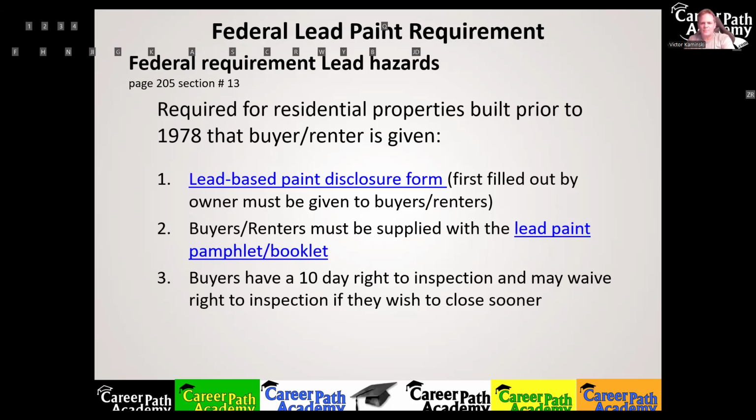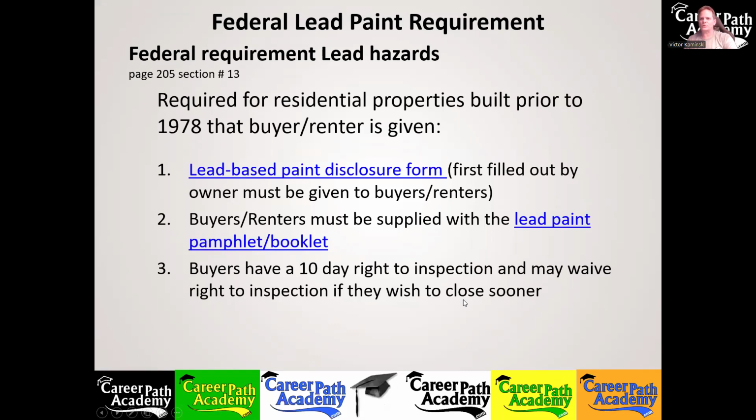And then you've got to give them the lead pamphlet, the booklet on how to protect your family from lead in the home. And then you've got to give them a 10-day opportunity to conduct an inspection for lead hazards or waive that inspection if they wish to close any sooner on their purchase or lease.